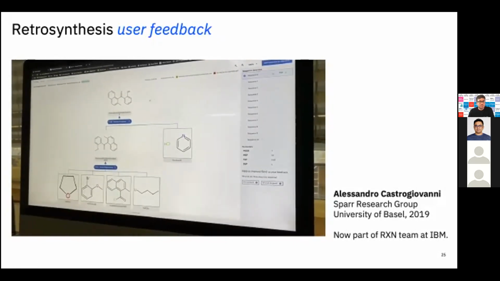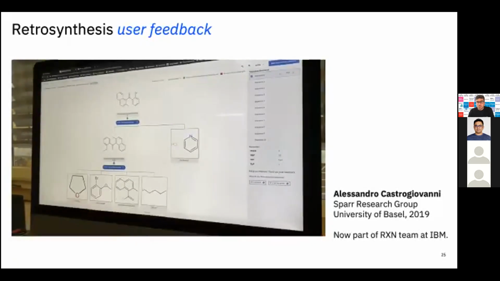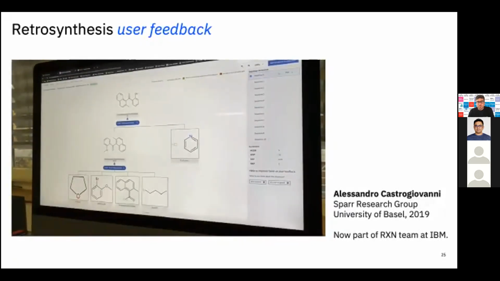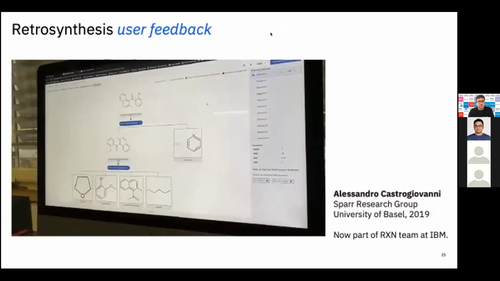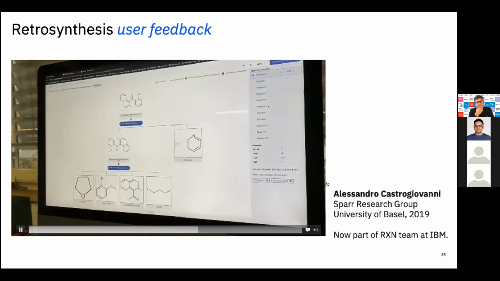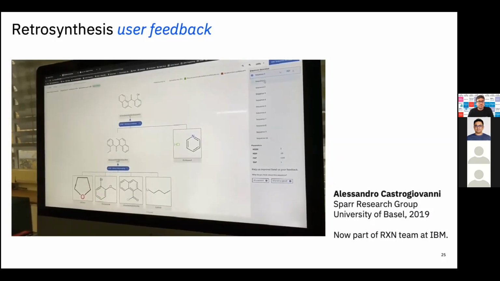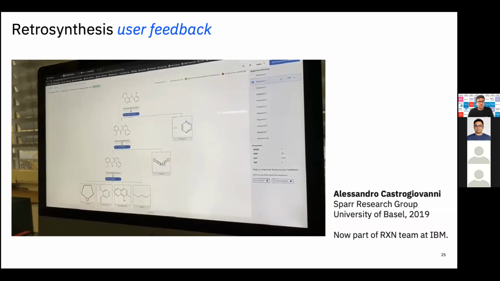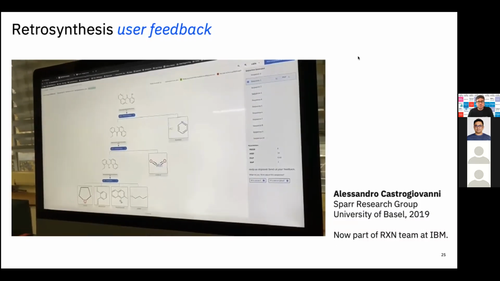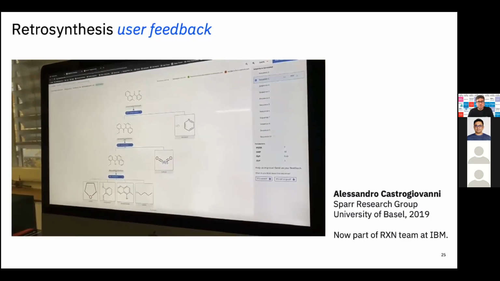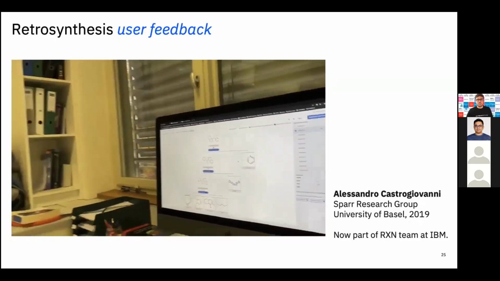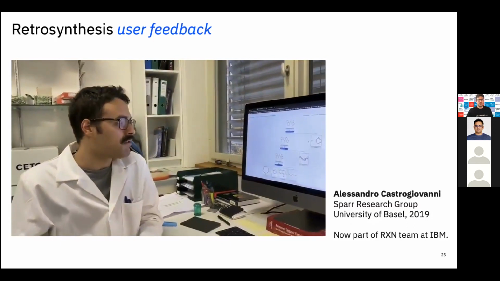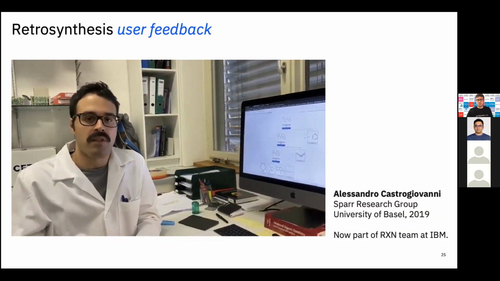For example, in the case of this ketone, the program is telling me how to prepare it with halogen metal exchange, and then addition of the lithiated species to the acyl chloride, and then the protection of the ether with pyridinium chloride to deliver the product. But this is not the only result. There are other outputs given by the program, and I would show you another one. In this case, they do the halogen metal exchange on another substrate, and then they perform the oxidation with manganese dioxide and deprotect. In my opinion, everything makes sense, and this is helping me and my colleagues to achieve the synthesis of every substrate.